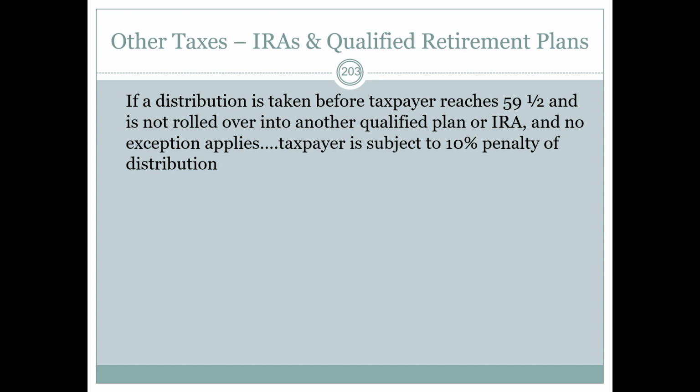If a distribution is taken before the taxpayer reaches 59.5 and is not rolled over into another qualified plan or IRA, and no exception applies, which we will talk about, the taxpayer is subject to a 10% penalty on the distribution, and it's really considered as an other tax. A Form 5329 is required. Line 6, Part 2, Schedule 2 is where this information would be entered.